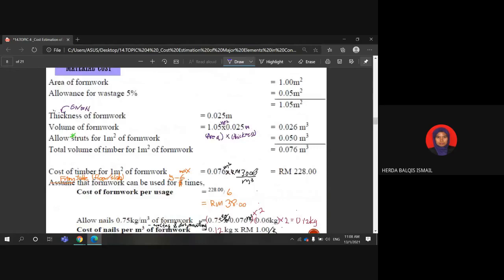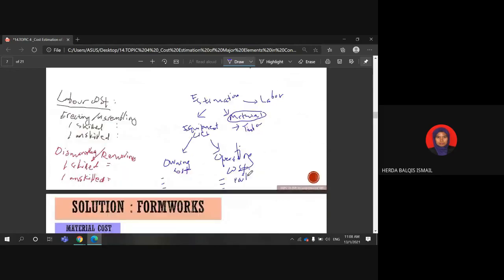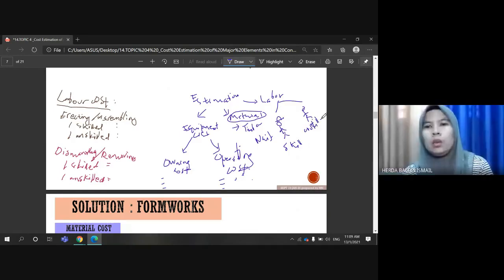And the labor comprises skilled labor and unskilled labor. For the formwork, the skilled labor is also known as the carpenter.